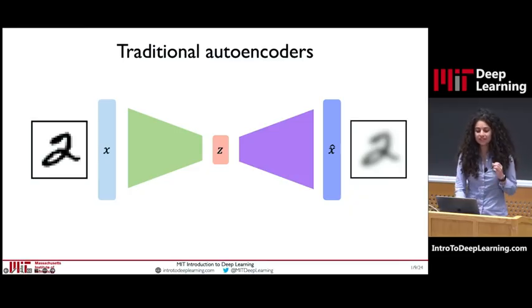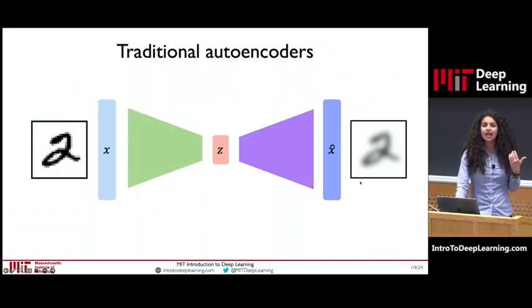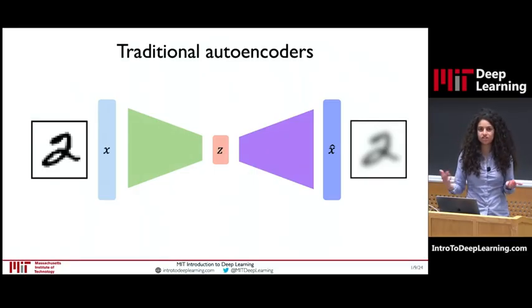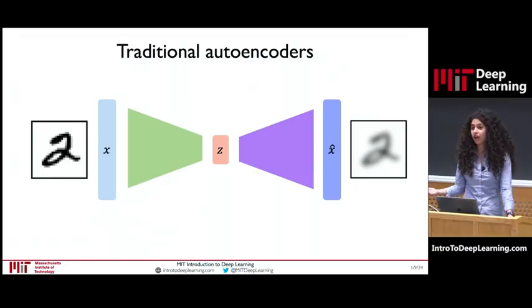This latent encoding z is just like any other neural network layer, meaning that once it's trained, once the network weights are finalized, no matter how many times you put this input x in, if those weights hold still, you're going to get that same reconstruction out. It's a deterministic operation. It's not super useful if now you want to generate new samples, because all the network has learned is to reconstruct.